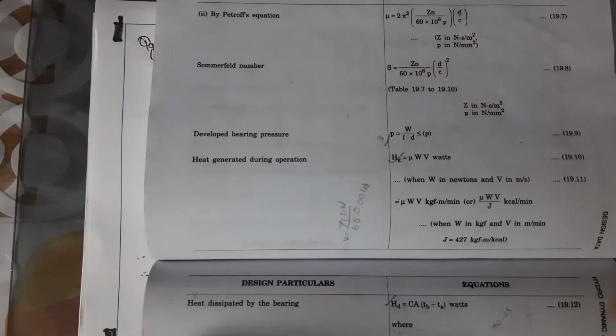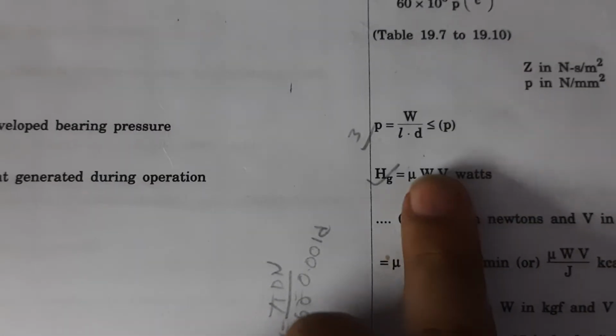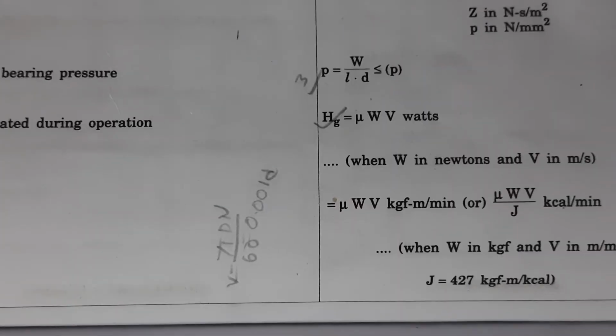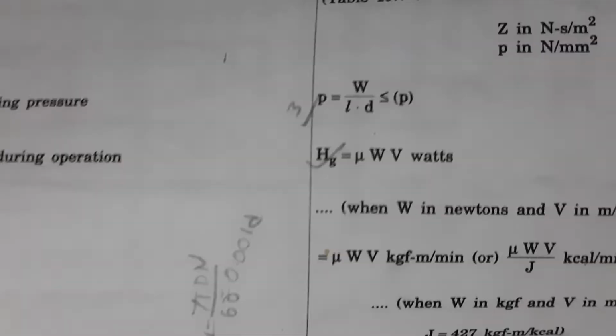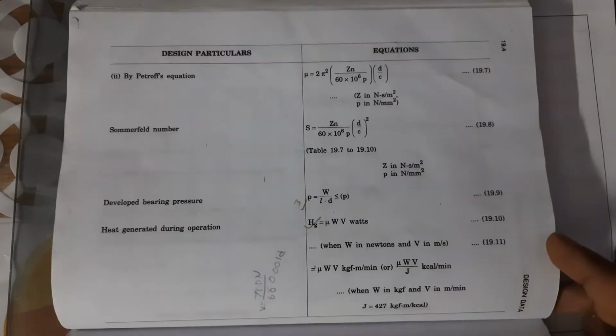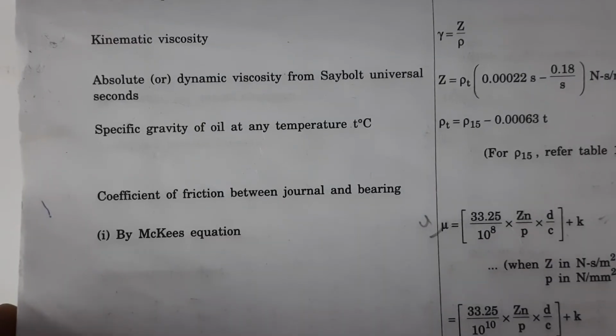This formula can be found from the page number. Heat generated during the operation is Qg is equal to mu into W into V, where mu is nothing but coefficient of friction. The coefficient of friction can be found out using the formula from Mackey's equation.